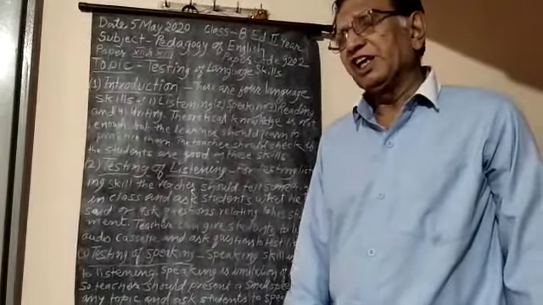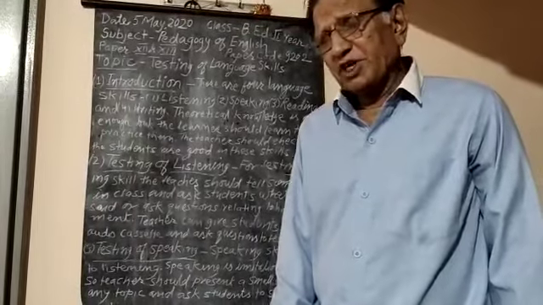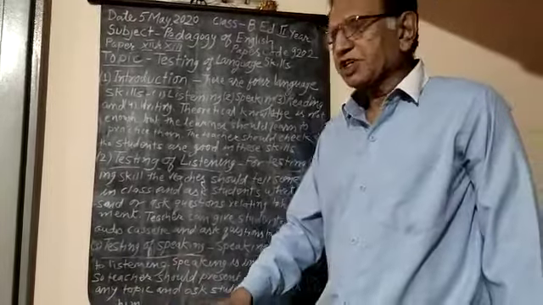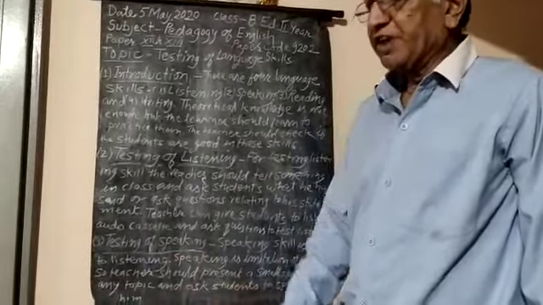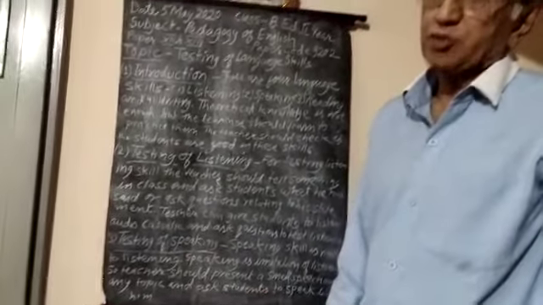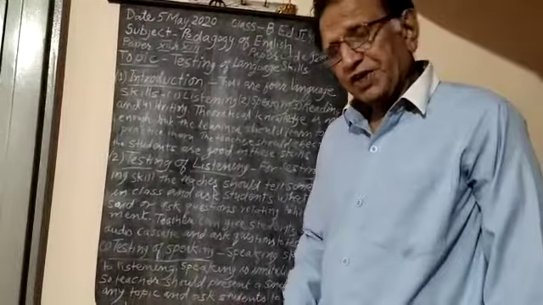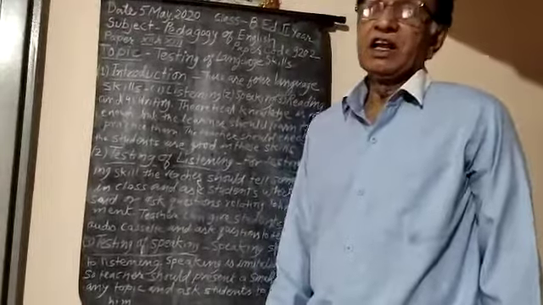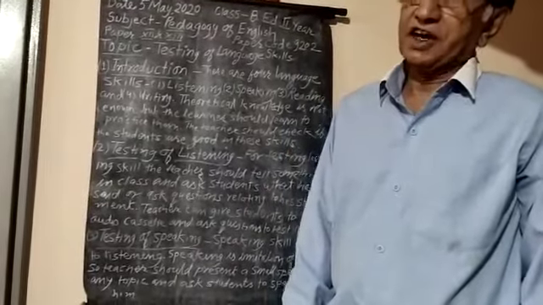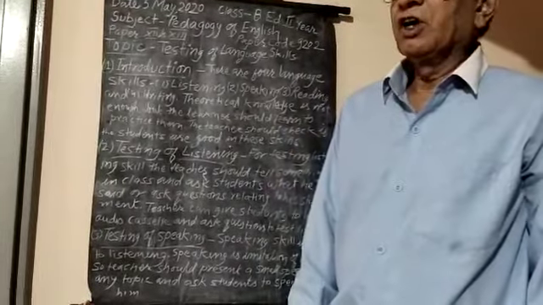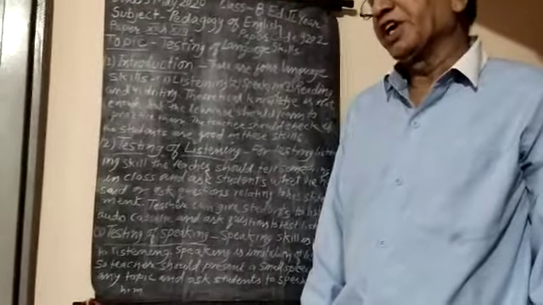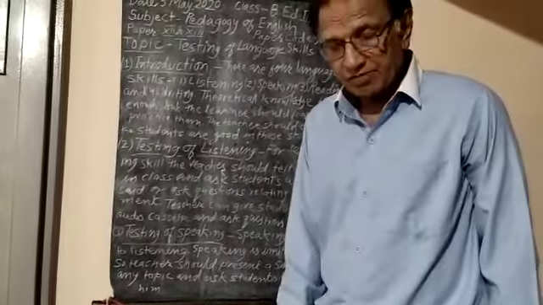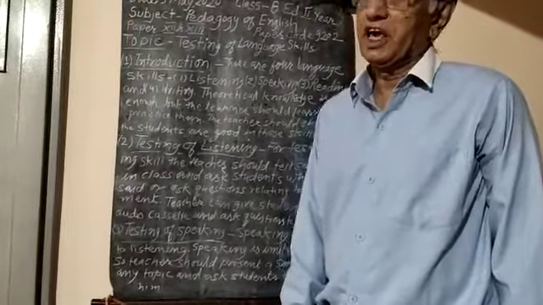Speaking skill is very much related to listening. A person speaks when another person has spoken something. If he has listened carefully, then he will speak in the right direction. So, for correct speaking, a person should understand what the other has asked him or what he has to speak.